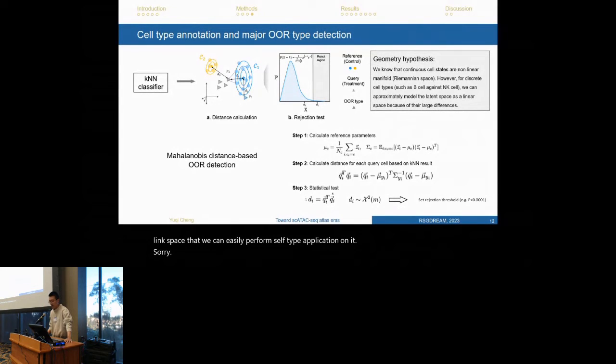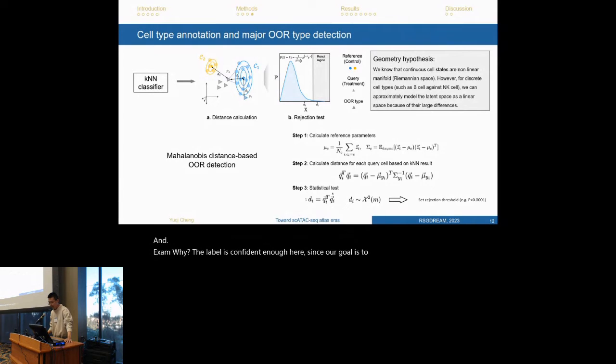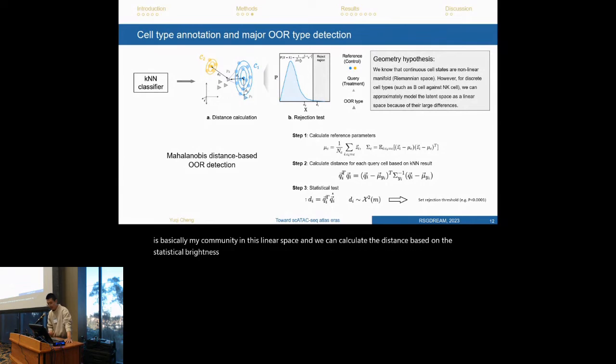After annotating the query data, we use the Mahalanobis distance to examine whether the label is confident enough. Since our goal is to detect major discrete out-of-reference cell types, a distance-based method can be used in this latent space. We can calculate the Mahalanobis distance based on the statistical parameters of the cell type in the reference data, and then calculate the distance for each query cell based on the previous KNN result.